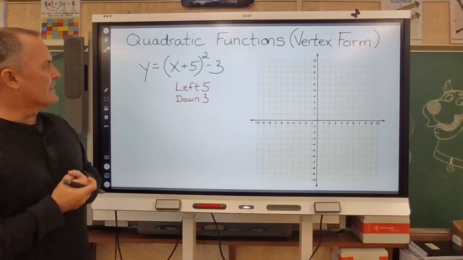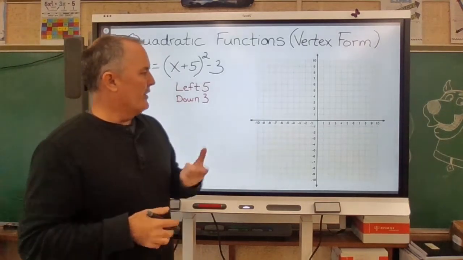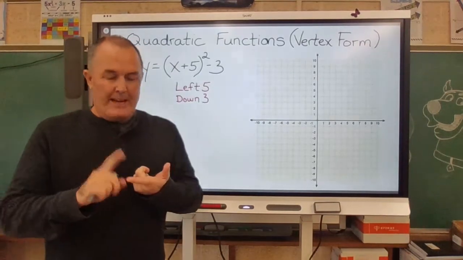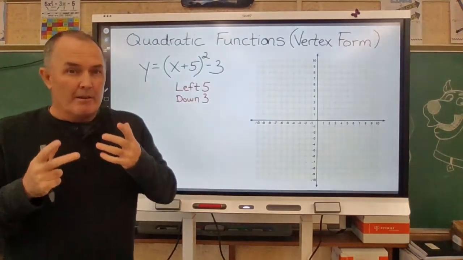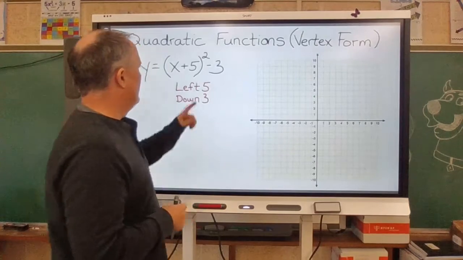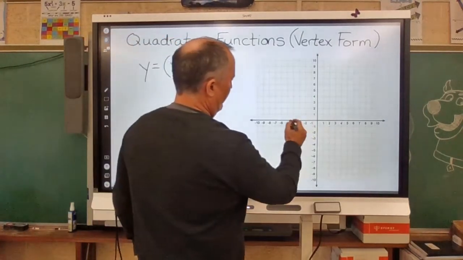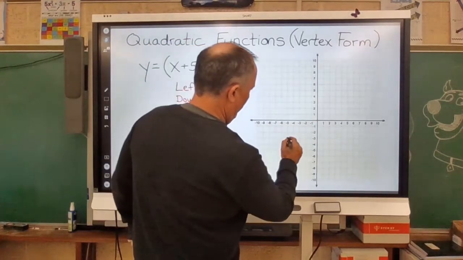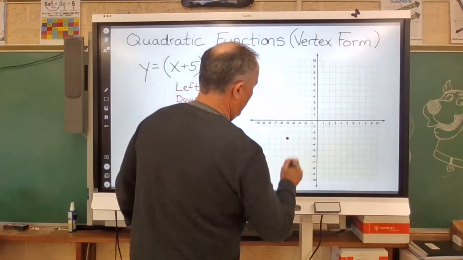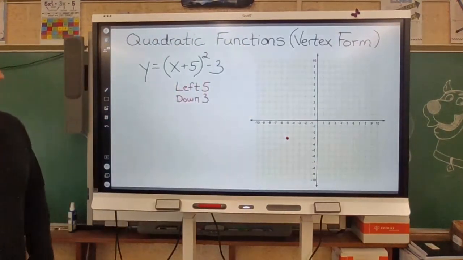All right, so let's graph this so far. We're going to talk about the axis of symmetry and the vertex and see if we see something there that might match up. So left 5, 1, 2, 3, 4, 5, and then down 3, 1, 2, 3. And put my new vertex right there.